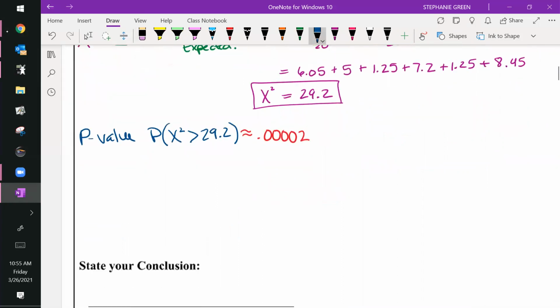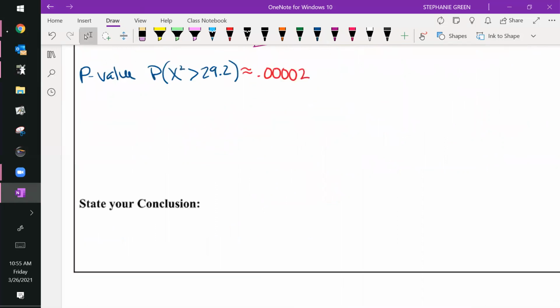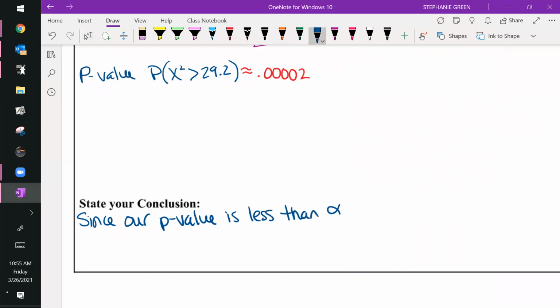So we can now go ahead and state our conclusion. Since our p-value is less than alpha, we reject our null hypothesis. In context, what does that mean?